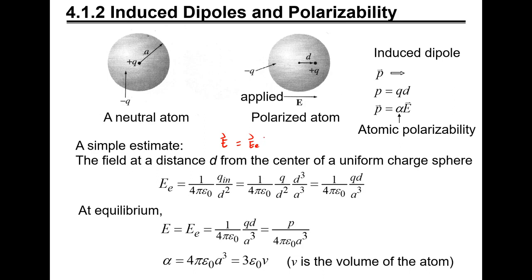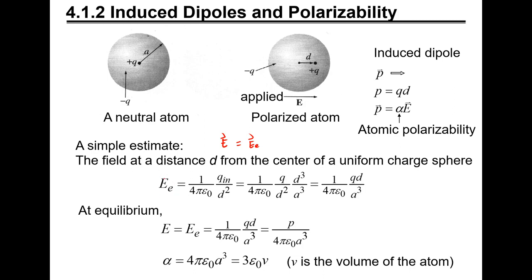And then we have here E sub e, which is due to the electron cloud. Note that the field at a distance d from the center is equal to 1 over 4 pi epsilon naught times q over a cubed times d.